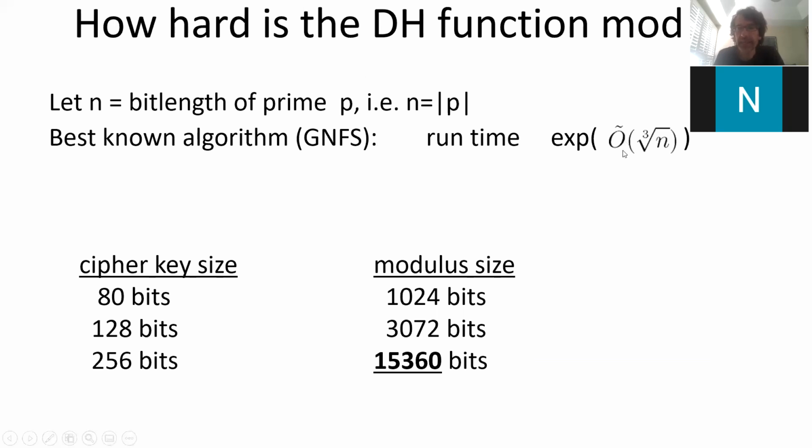And that has an exponential algorithm, but it's exponential to the power that is not linear in the length of the prime, the modulus, but it's linear in the third root. So that's why these numbers are so big, because we take that cube root of the length, and with whatever constants are here, this translates to security of like 2 to the 56.